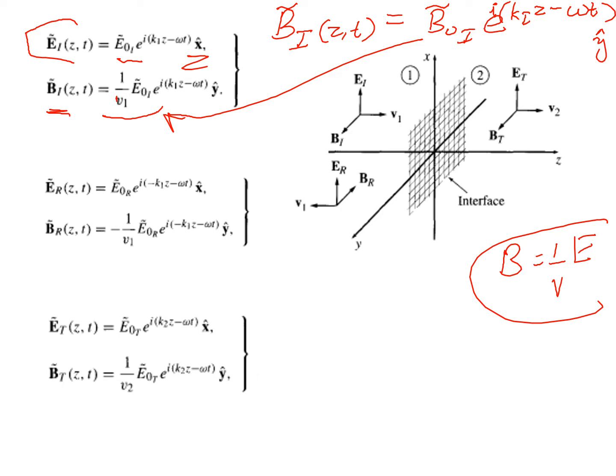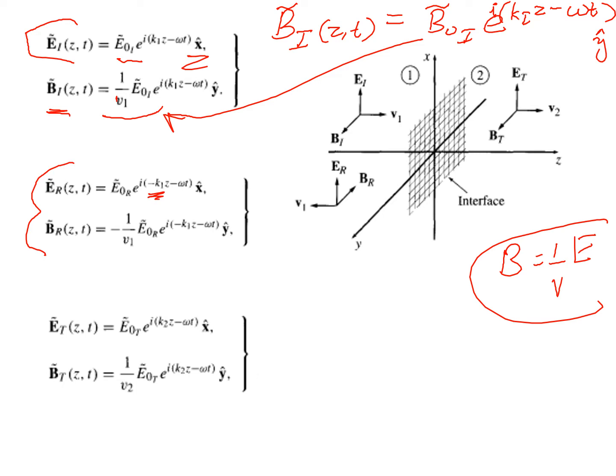And I mentioned in the beginning itself that a part of that reflects. So the reflected part of the electric field and magnetic field is represented here. E_R equals the reflected one. The reflection happens in the same medium itself, therefore we are using the same propagation constant k1 there.